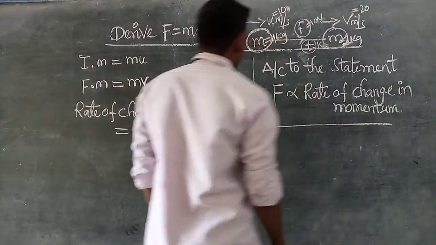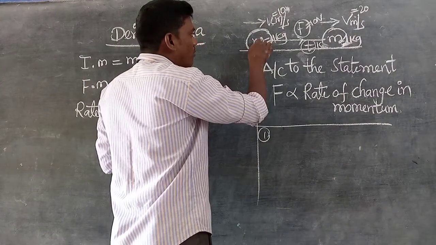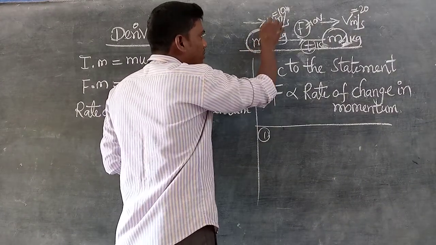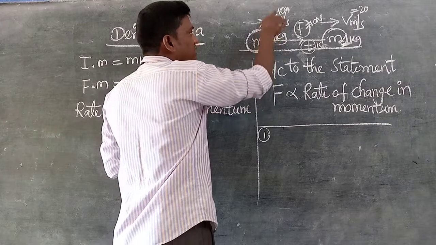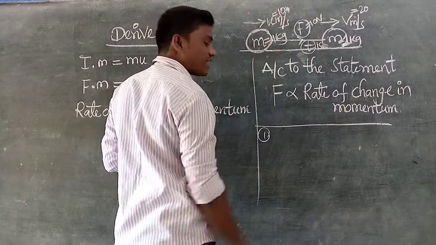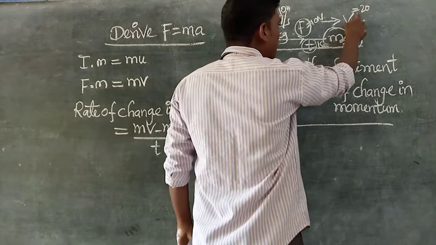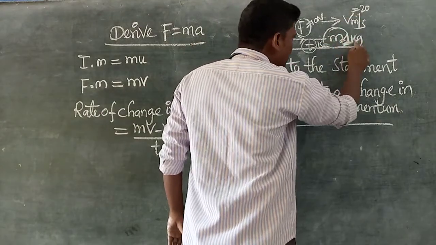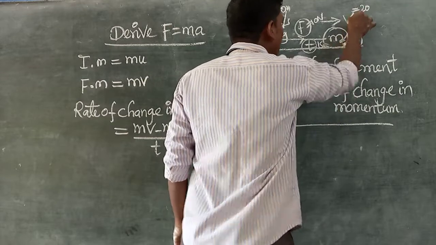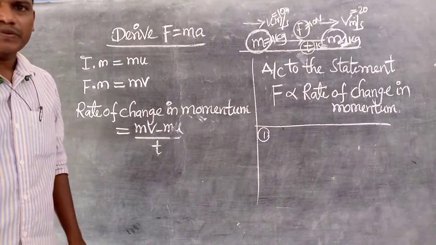So in the first case, what is the initial momentum? m into u. m is 1 kg, u is 10. 1 into 10, 10 kilogram meter per second. And what is the final momentum? mv. m is 1 kg, v is 20. 1 into 20, 20 kilogram meter per second.